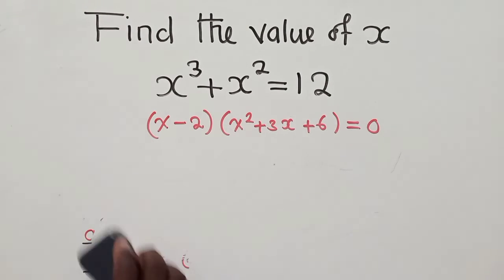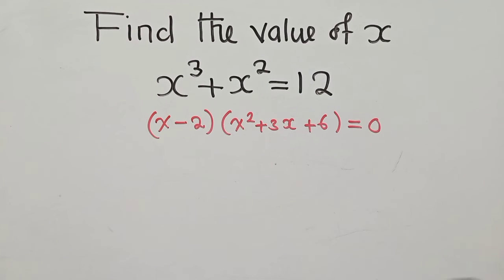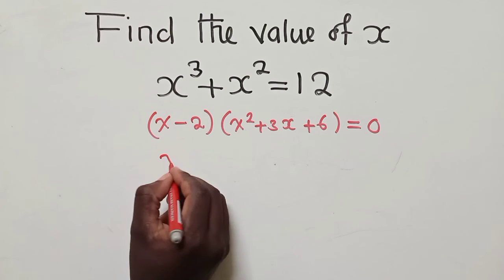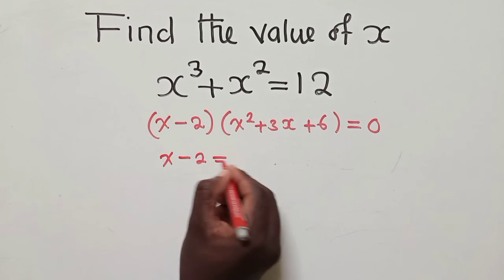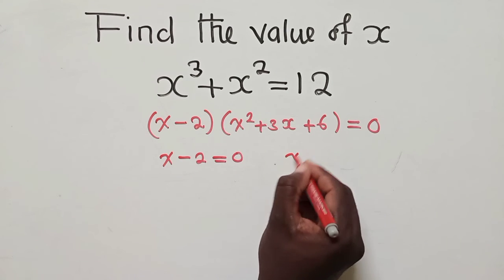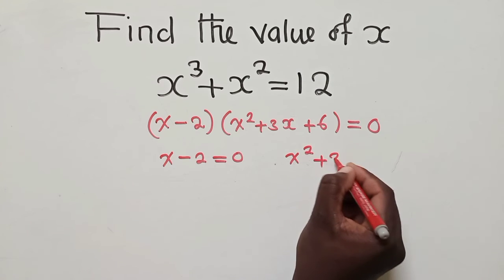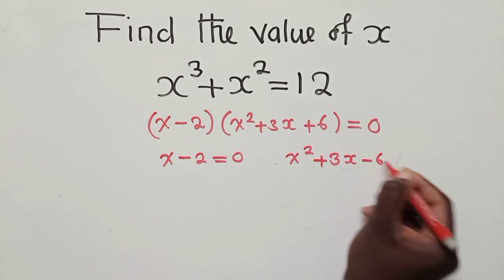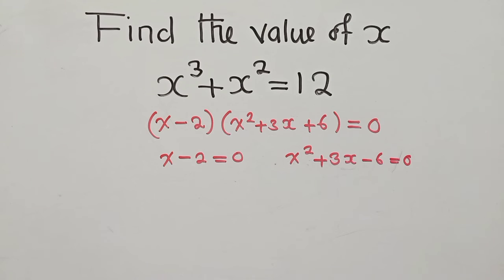So let's clear space. Now from this stage, we can say x minus 2 is equal to 0, and x squared plus 3x plus 6 is equal to 0.